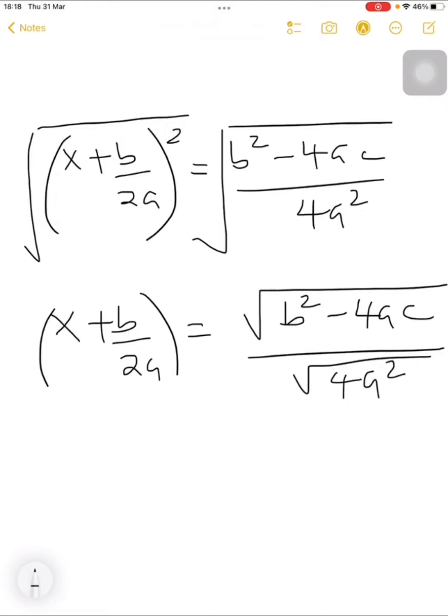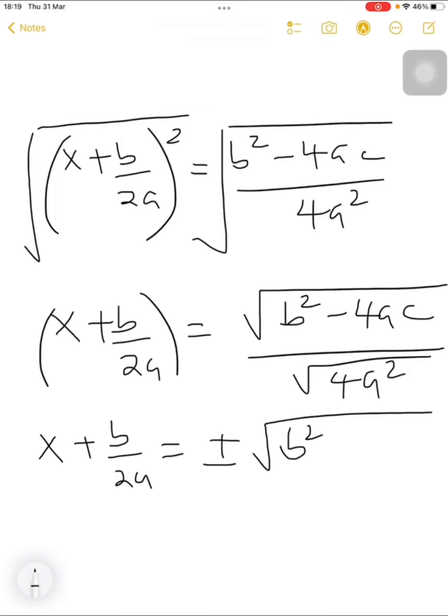Okay, here we have x plus b all over 2a is equal to, what is the square root of b squared minus 4ac? Should be plus or minus the square root of b squared minus 4ac, all these all over 2a. The square root of 4a squared is 2a.